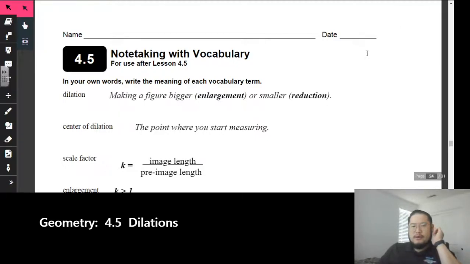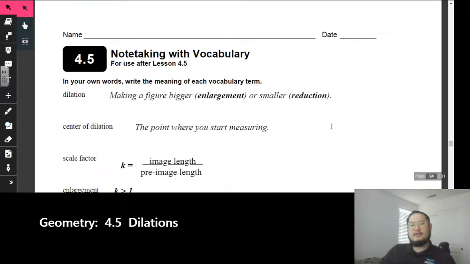So when we want to figure out whether we have an enlargement or a reduction, we use this term called the scale factor, which we use the variable k. And k is equal to the image length divided by the pre-image length, and that will help us find the scale factor.